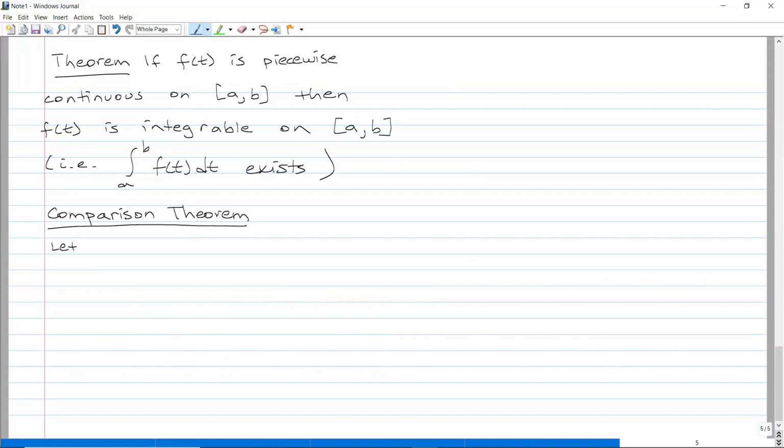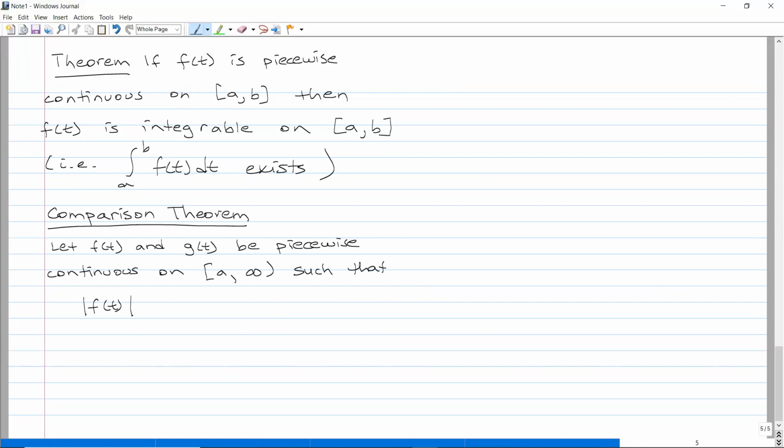So let f of t and g of t be piecewise continuous on the infinite interval a to infinity, such that, when you look at the absolute value, we are going to say something about the improper integral of the function f.